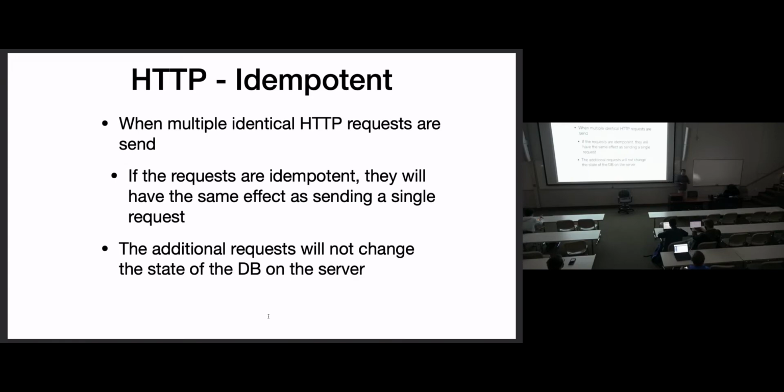It's just going to still be that record. Whatever you sent as the username and email, it's going to be the same every single time. So you send multiple identical requests. Idempotent means that that's effectively the same exact thing as sending that request one single time. No additional effect on the server.